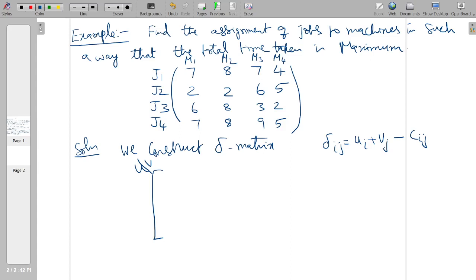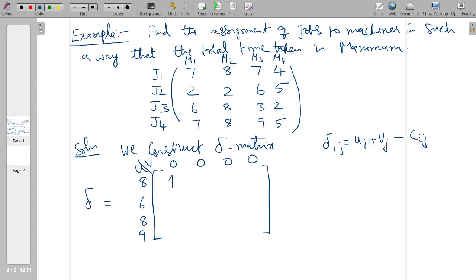So what will be the maximum entry in each row? You mark here as u. So you have 8, 6, 8 and then last one would be 9. Initially the values of v are taken as 0. Okay, so now I use this formula to calculate the entries for the delta matrix here.